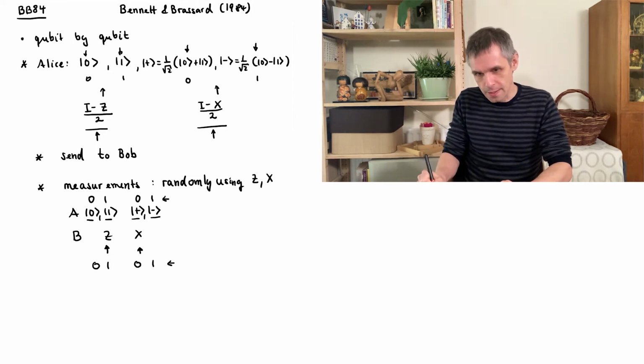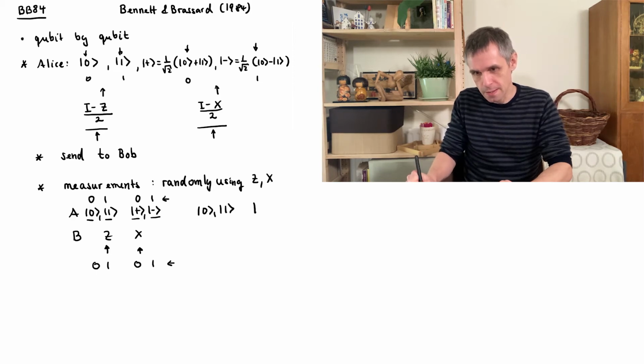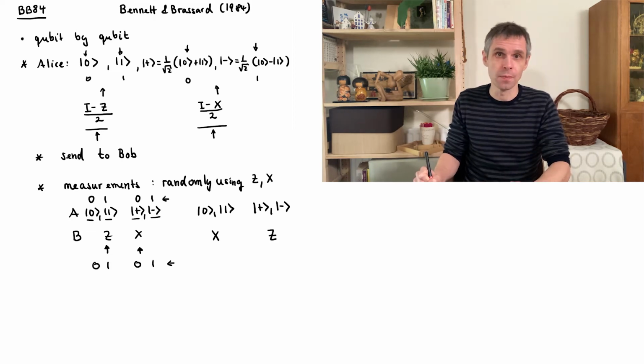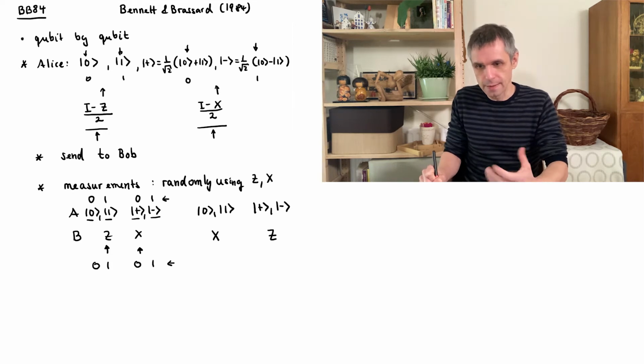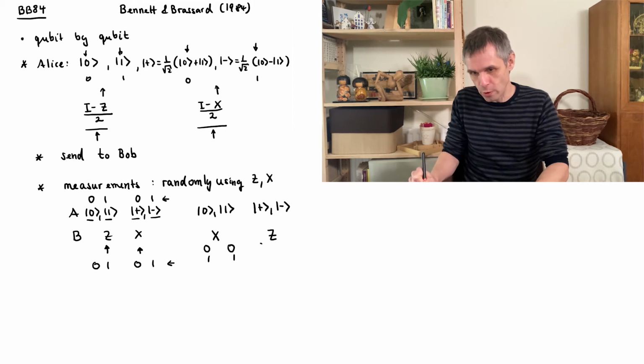However, there are also instances where we have these quantum bits prepared by Alice in one of these states, but the randomly chosen measurements of Bob simply use the other observable, the one which is not associated to the basis used by Alice. And in this case, for each of these quantum bits, Bob will obtain random outcomes 0 and 1.